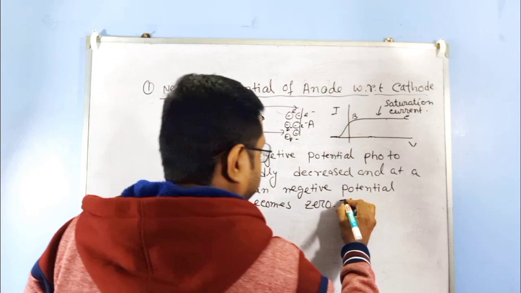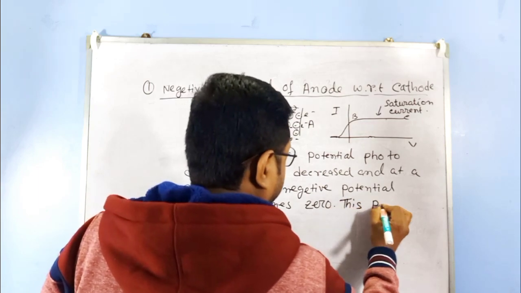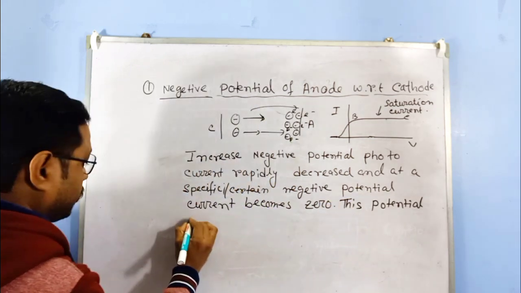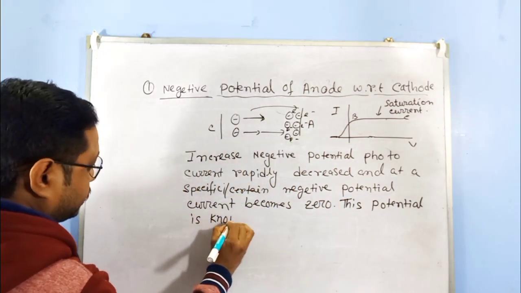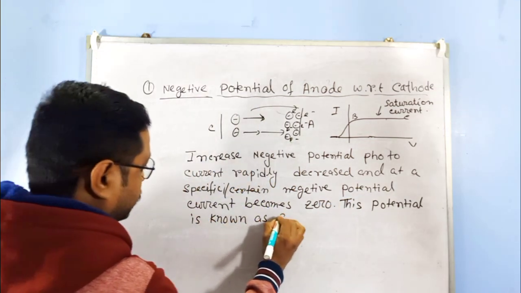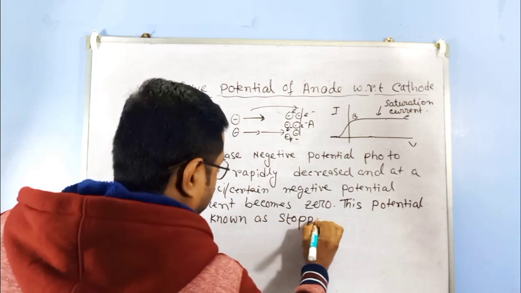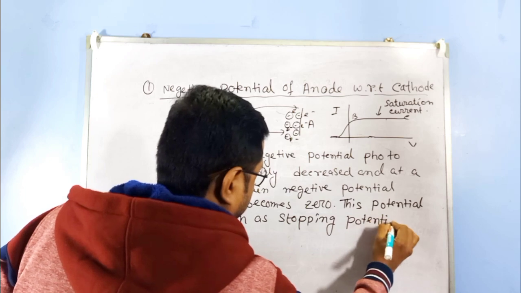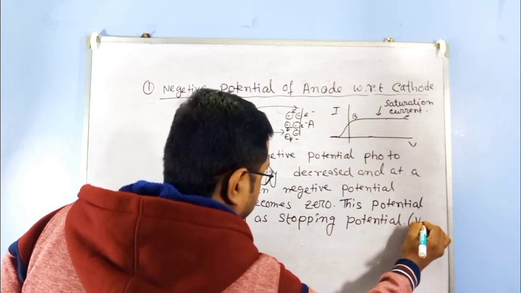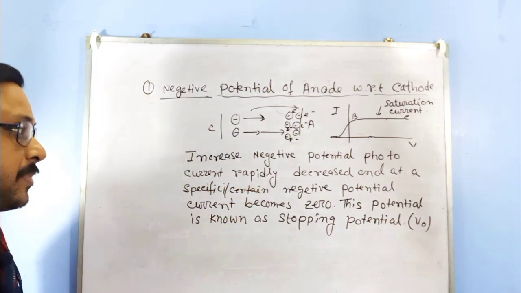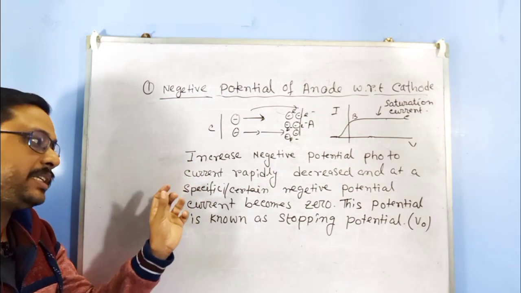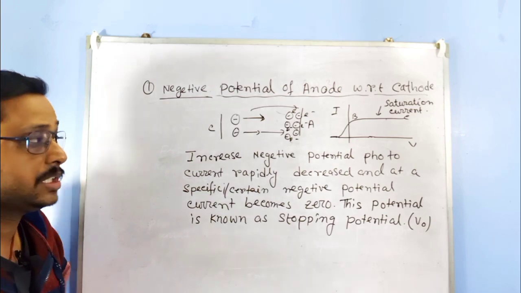This potential is known as the stopping potential and it is denoted by V0. If we increase the negative potential of the anode, the photocurrent decreases, and at a certain value of negative potential it becomes 0.